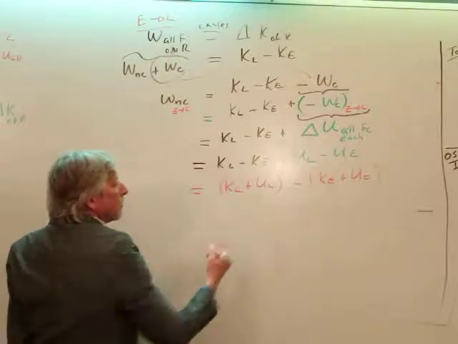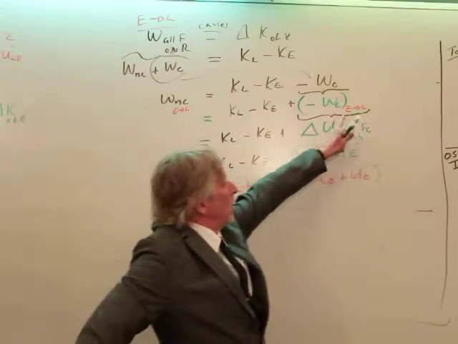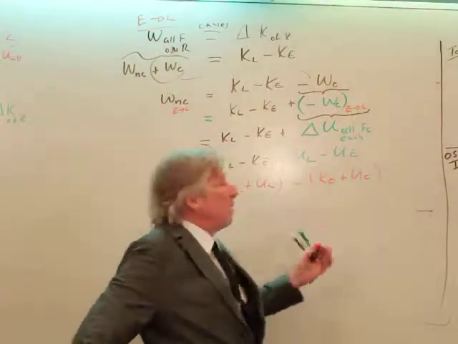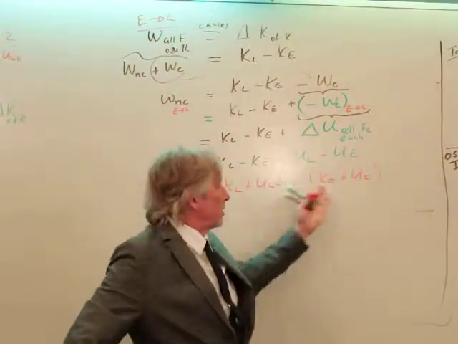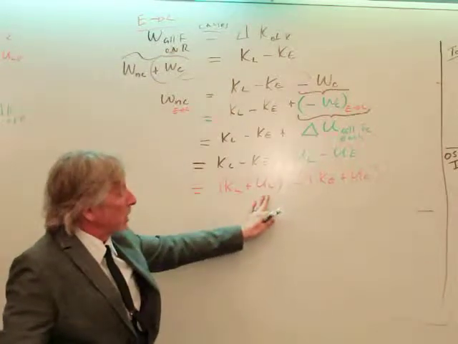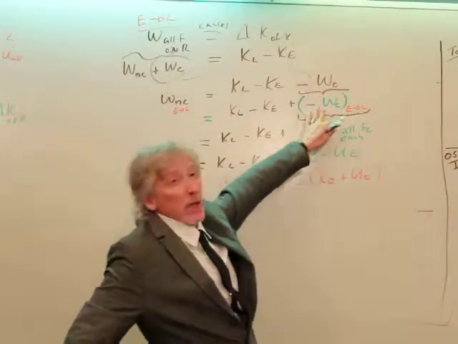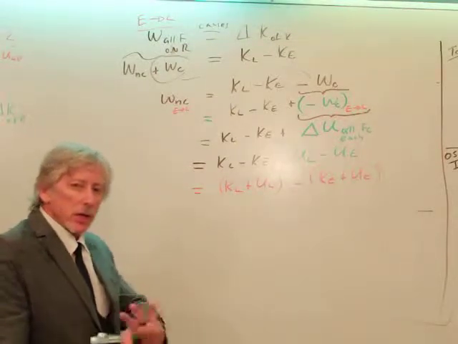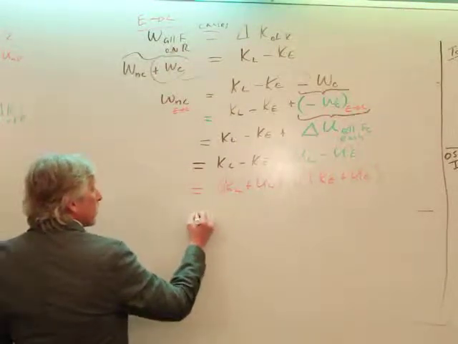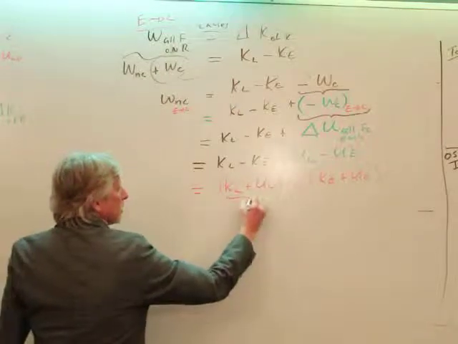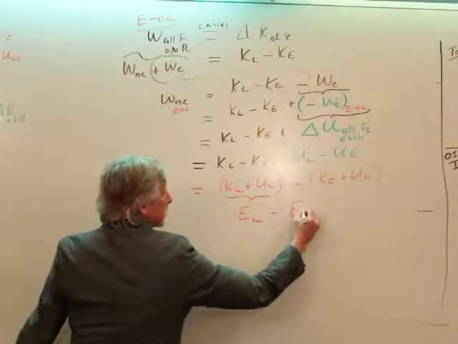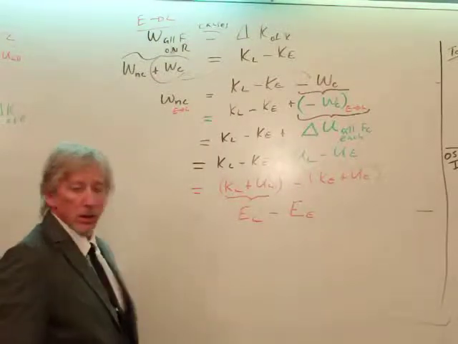And what did I gain? Well, I gained the fact that I don't have to go from earlier to later and follow the path and see what's happening. You don't have to at all. If I've got a function here that I can use as a state function, rather than a path function, it's much easier. And so that's why we invent this thing. And what do we call that? Well, this is called the mechanical energy later minus the mechanical energy earlier, right?